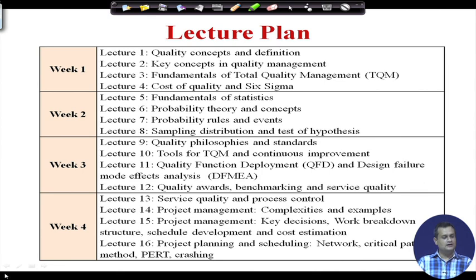Week 4 there are again 4 lectures scheduled. Lecture 13, service quality and process control, lecture 14, project management complexities and examples, lecture 15, project management key decisions, work breakdown structure, schedule development and cost estimation, lecture 16, project planning scheduling, network critical path method, PERT and crashing.